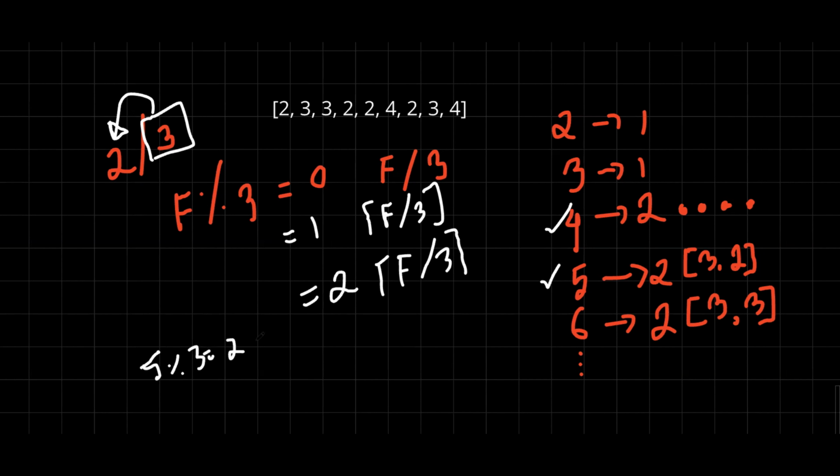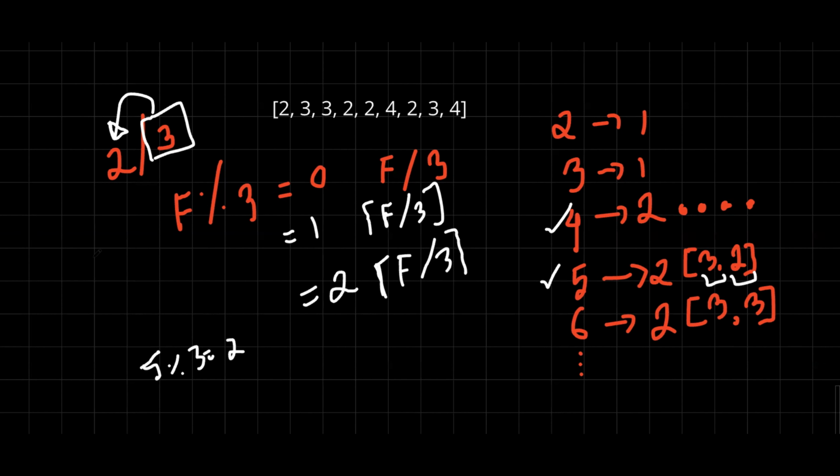So here the minimum number of operations will be 2. In the first operation, we have to remove 3 of the element. In the next operation, we have to remove 2 of the element. So if the remainder is 2, then the equation will be frequency divided by 3, and after that, we have to perform the scaling operation with this divided value.